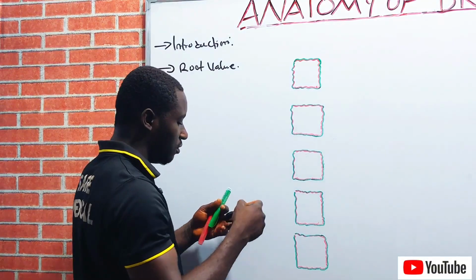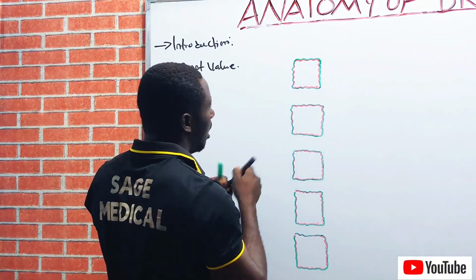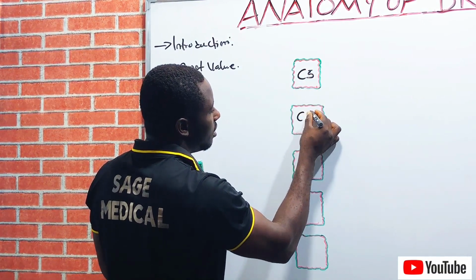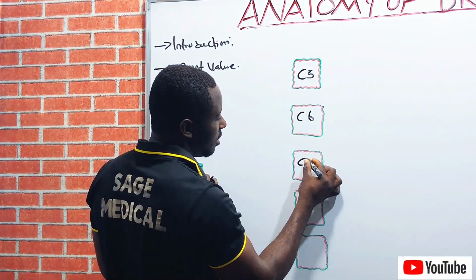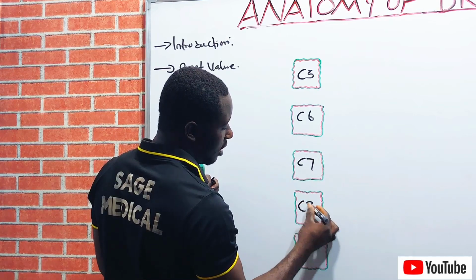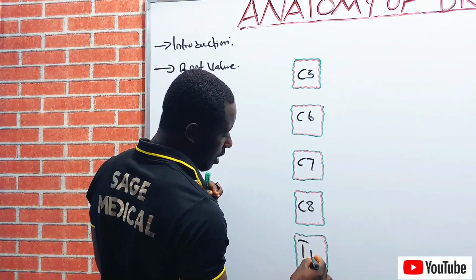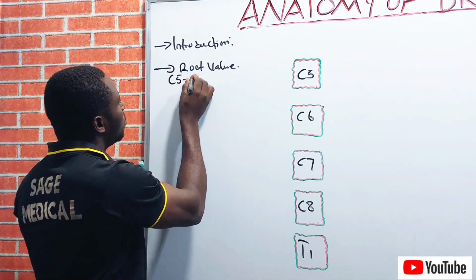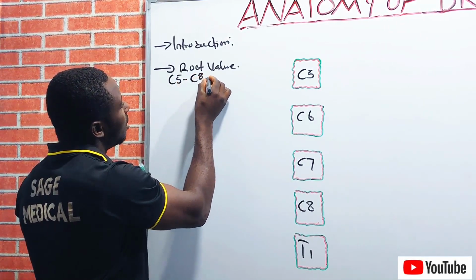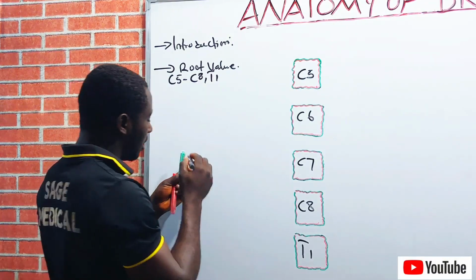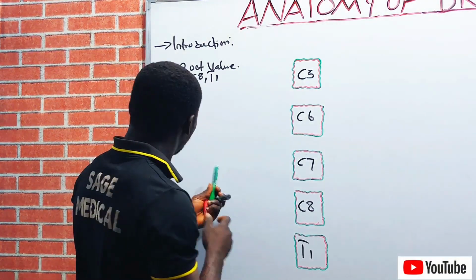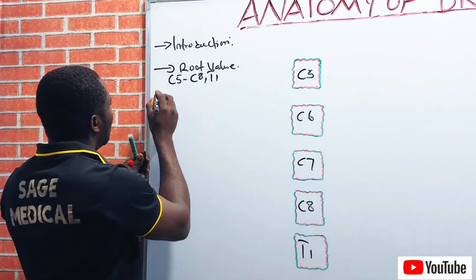So these are the root values. We have the C5, the C6, the C7, the C8, and T1. So we have C5 to C8 and T1. So that is the root value of the brachial plexus. The next to be discussed is the formation.